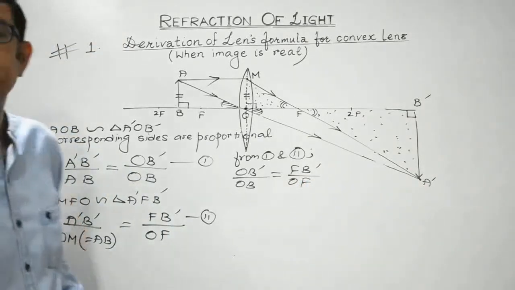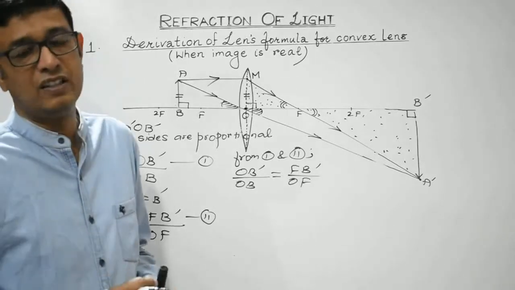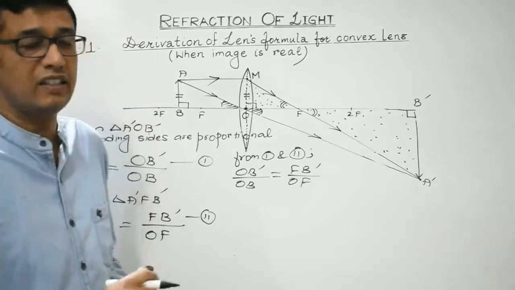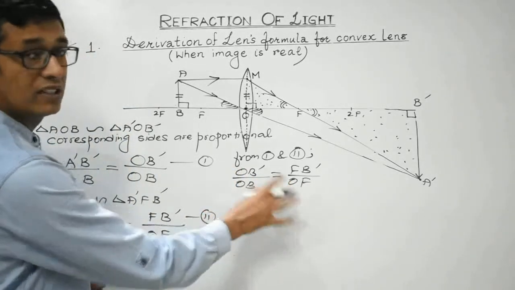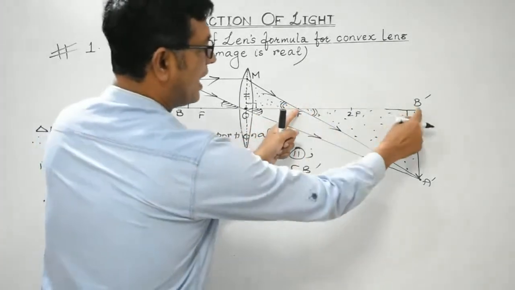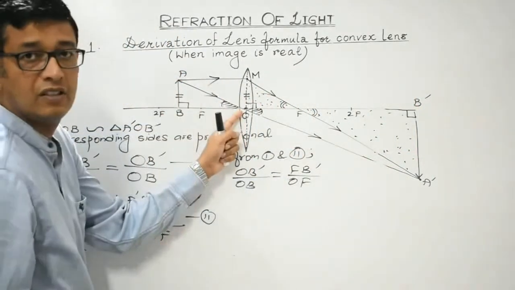Now look students, as per the new Cartesian Sign Convention, we all are aware that the distances are to be measured from the optical center. So no need to change these terms because they already have O as the initial letter. FB dash needs to be changed. So FB dash may be written as OB dash minus OF, isn't it?